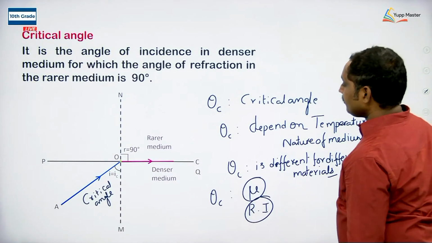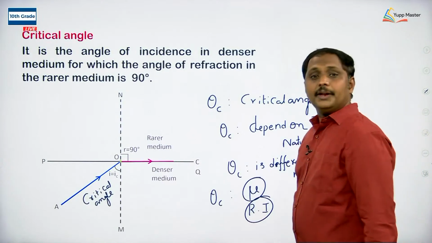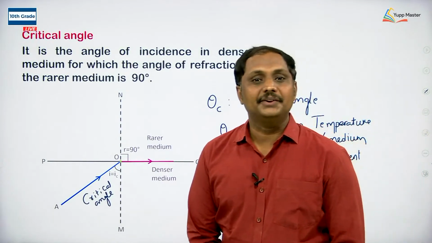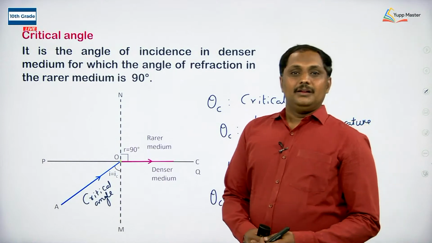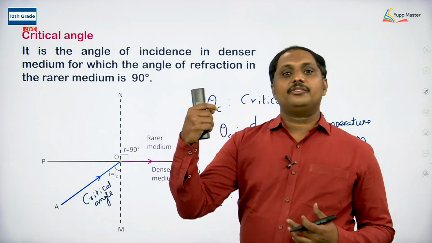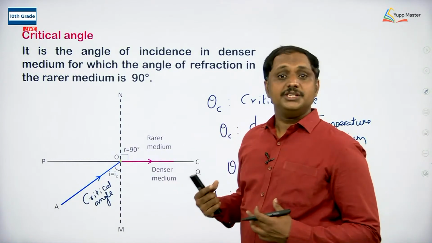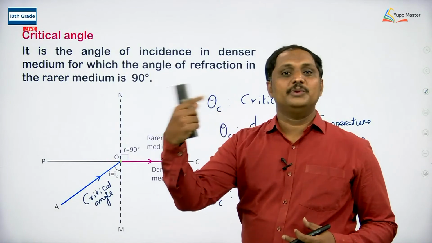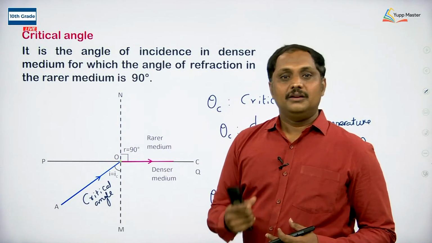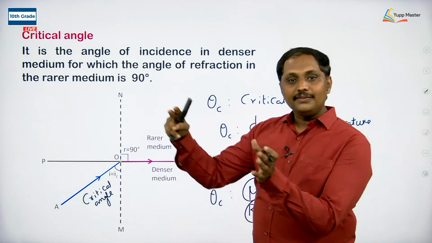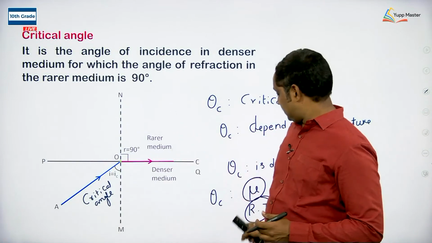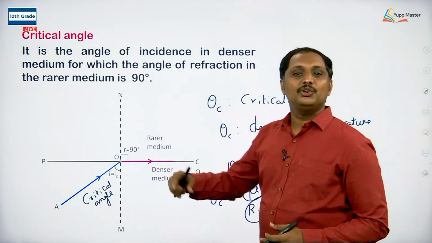So, if the temperature increases, what happens? Let us see. If the temperature of a transparent material is changed, then its critical angle is going to change. How is it possible? As the temperature increases, the refractive index changes.